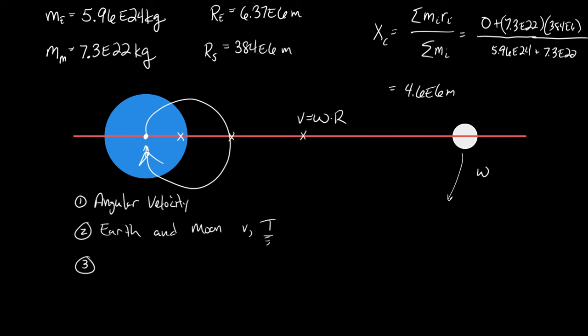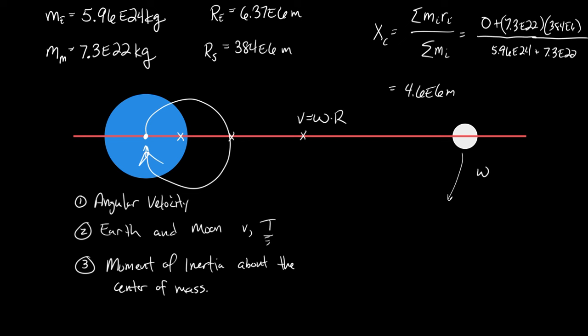3, this system has a moment of inertia about the center of mass. And since that center of mass is inside the Earth, you would probably have to use a solid sphere for the Earth and the parallel axis theorem to add its contribution to the moment of inertia. But the Moon could probably be treated as a point mass for its contribution to the moment of inertia.